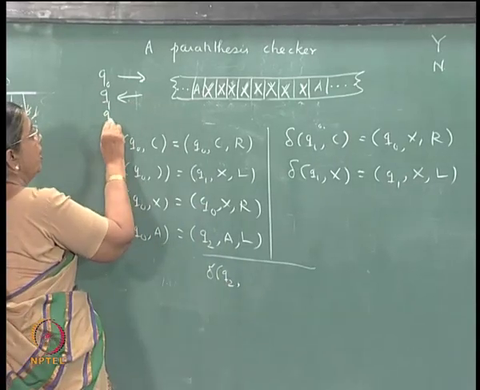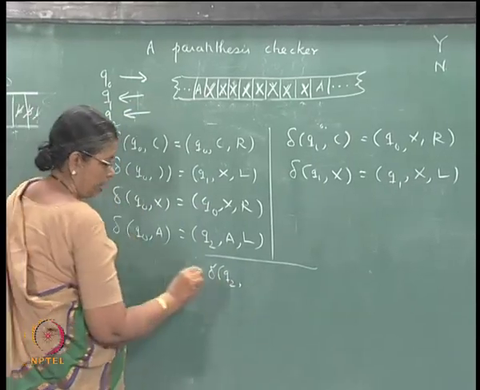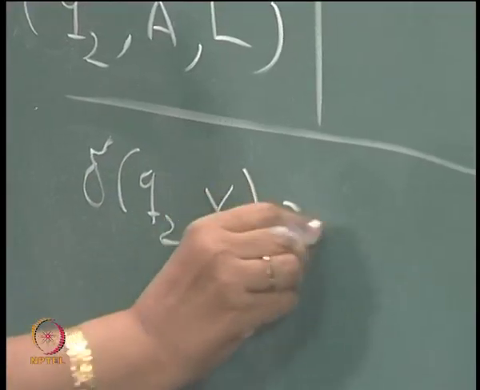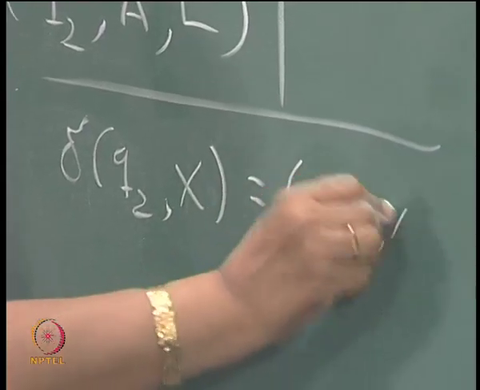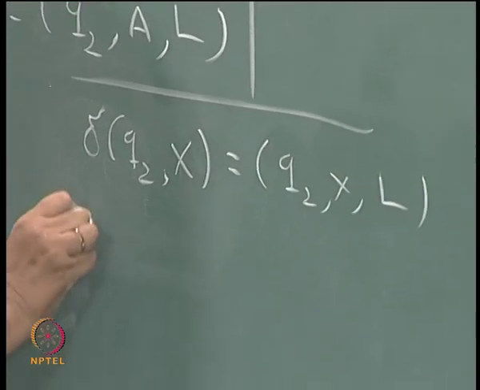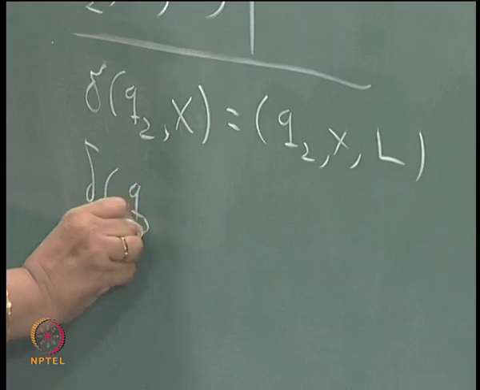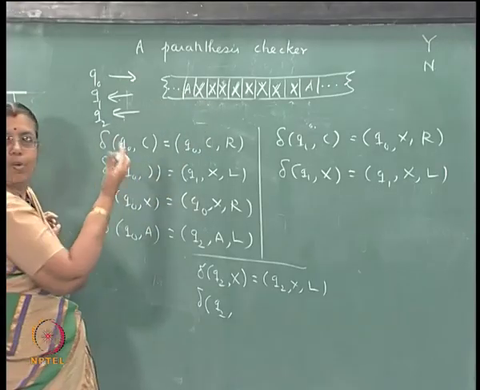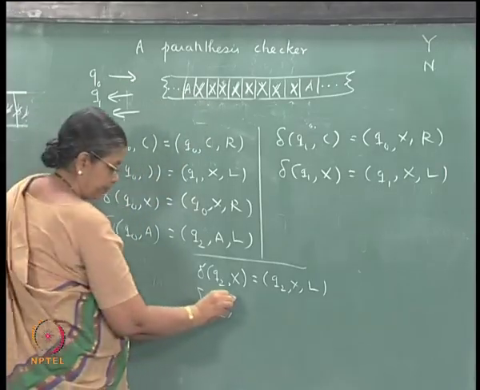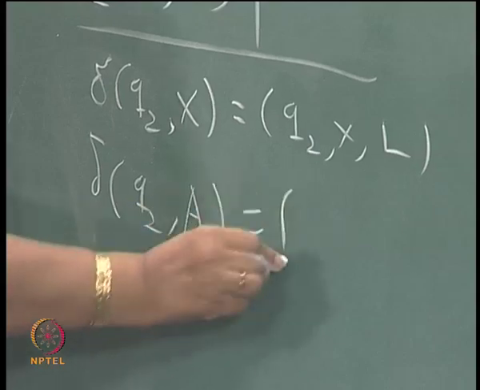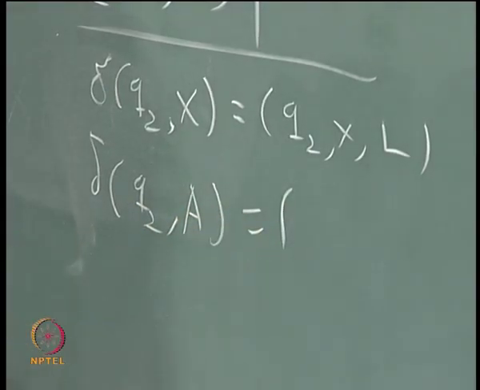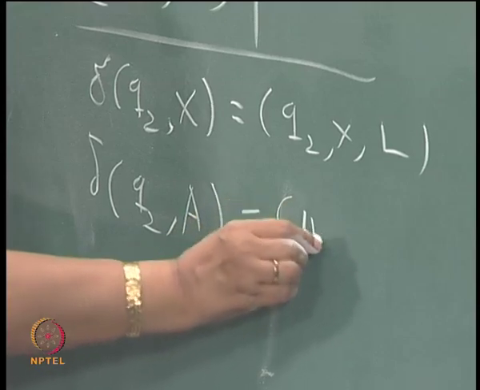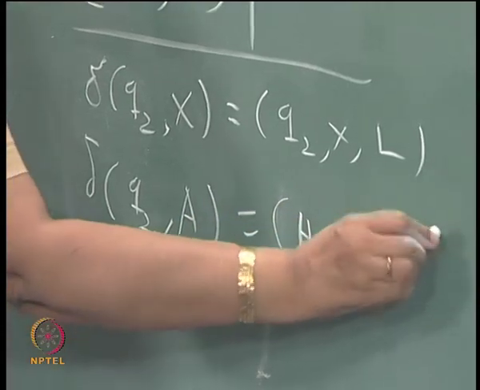Q2 is also a left moving state. Delta of q2 x is q2 x l, and in q2 if it sees a blank, that means there are no more left parentheses. It halts saying a yes.